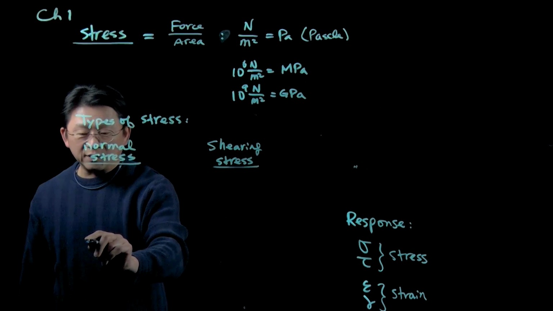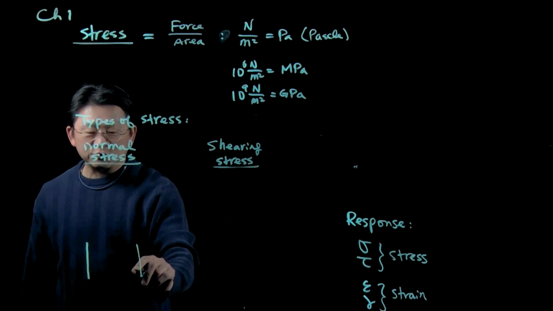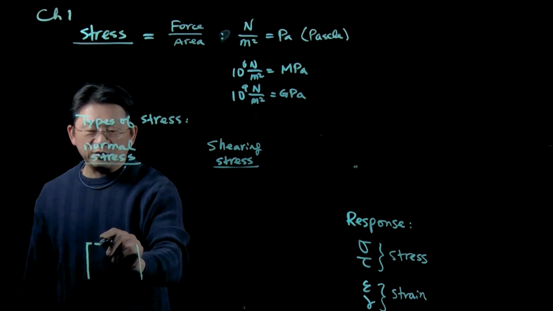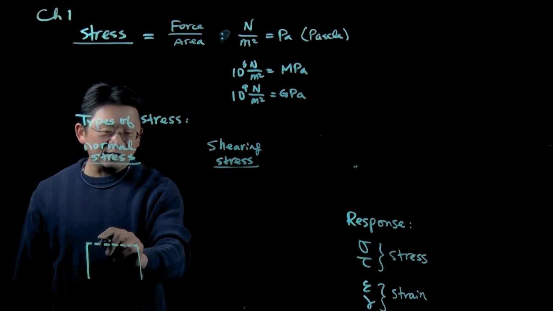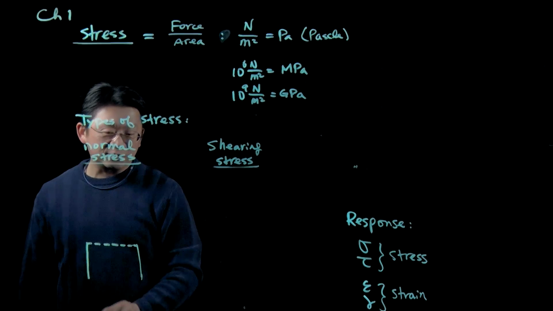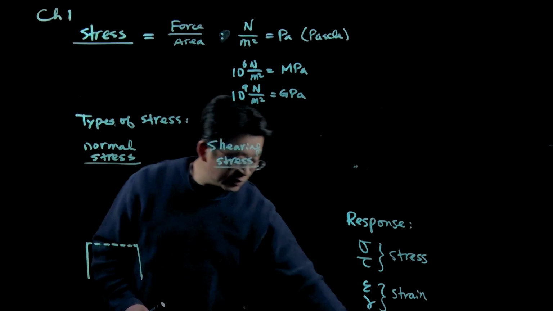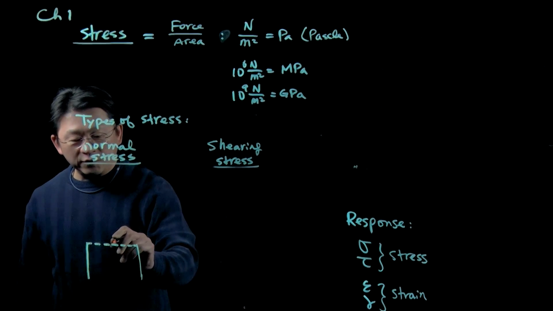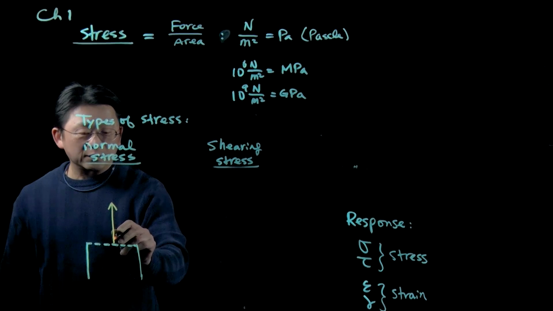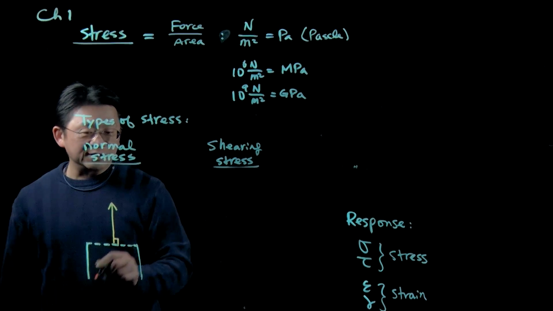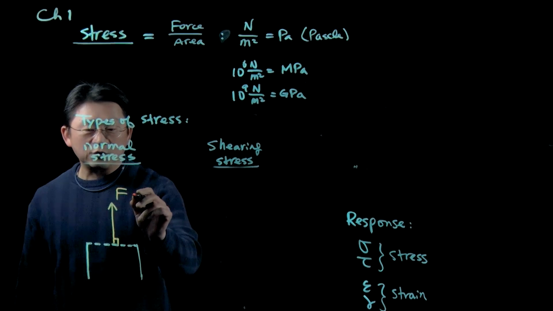For example, if this is a certain structure and you're interested in this particular cross section, and here I use a dashed line to indicate the cross section, if we have a loading normal to the section we're interested in, then we call this force the normal loading.